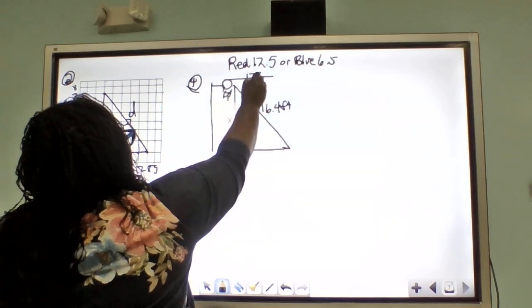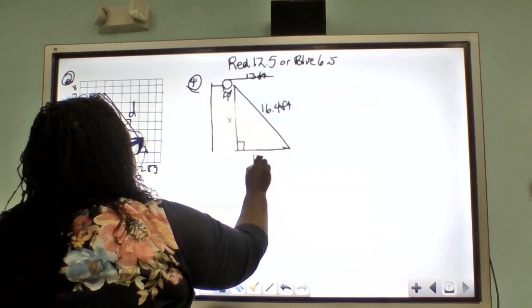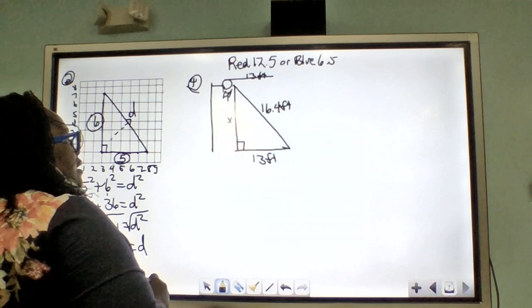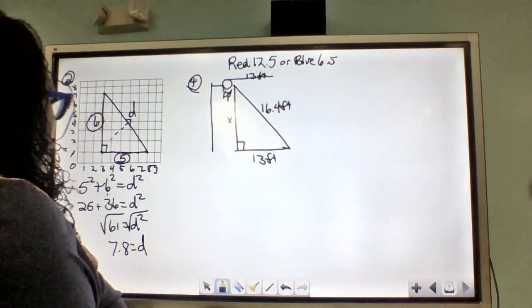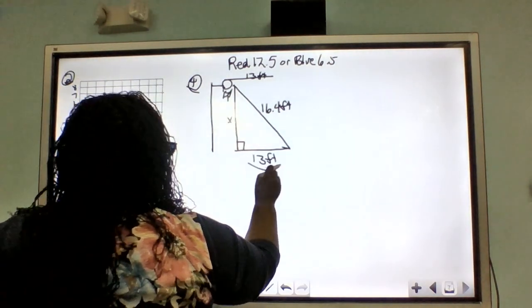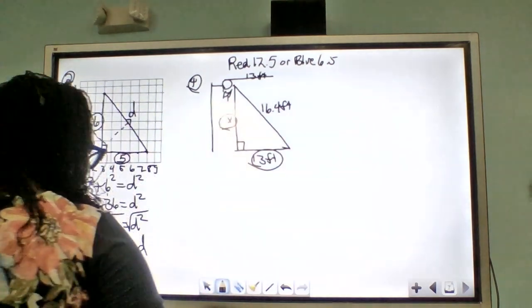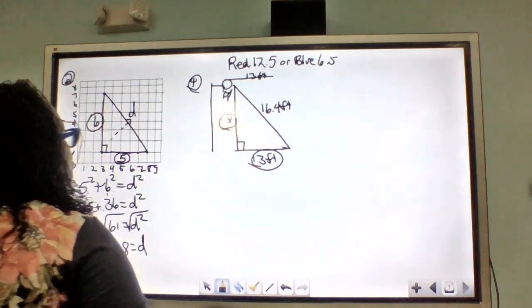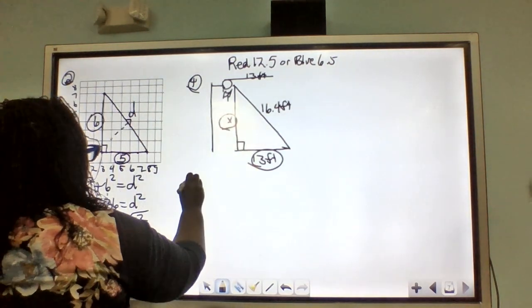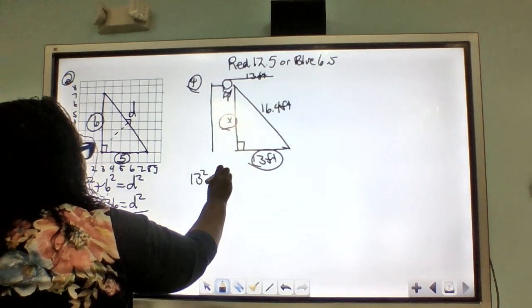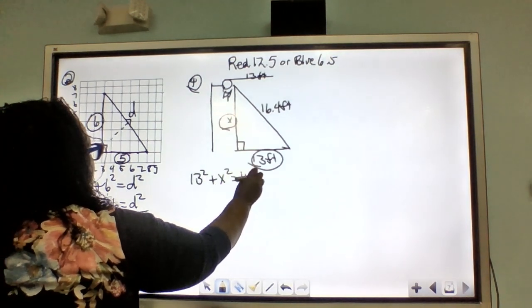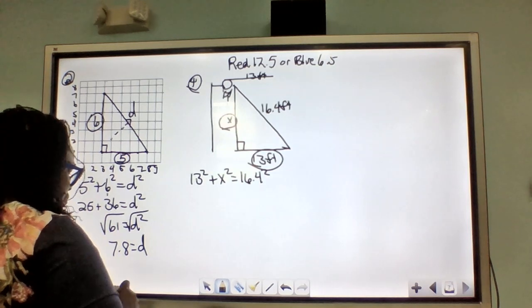And this 13 feet is indicative of this measurement down here, okay? All right, so with that in mind, you have your 2 legs, okay? And therefore, you need to complete your calculations. 13 squared plus x squared equals 16.4 squared.